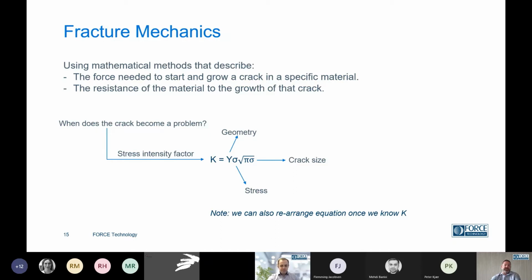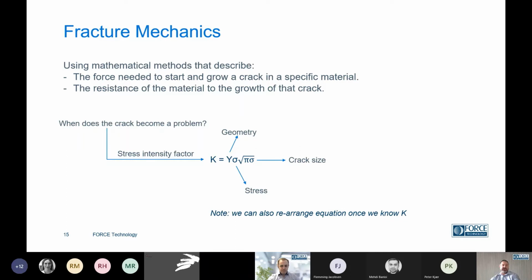So when does a crack become a problem? This example here, if we look at that in the middle there's something called a stress intensity factor, and it's a K. And if we look a little bit to the right, to the equal side, we see that geometry, crack size, and stress, these are important things.